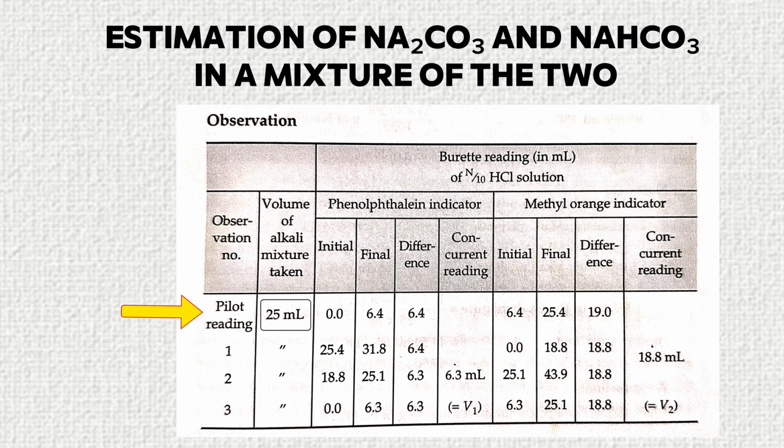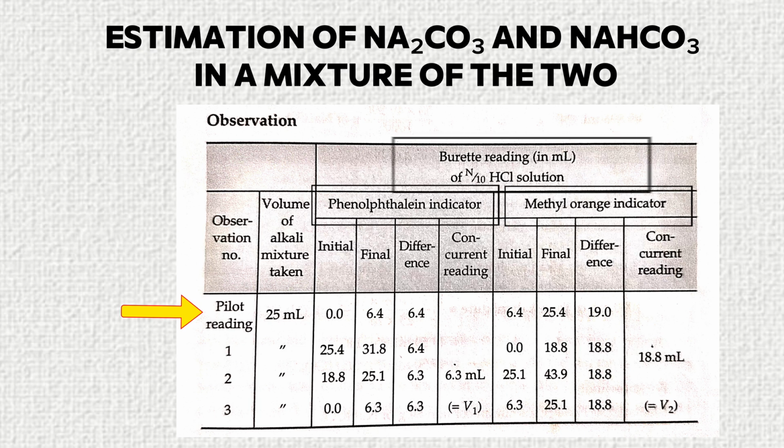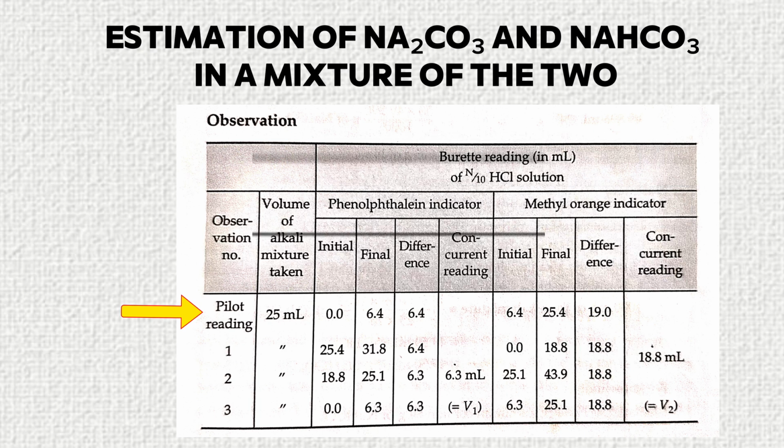Observation. 25 milliliters of the alkali mixture were taken for titration. Two indicators were used, phenolphthalein and methyl orange, with standard N/10 hydrochloric acid solution. For phenolphthalein indicator, the initial burette reading was 0.0 milliliter, and the final reading was 6.4 milliliters.